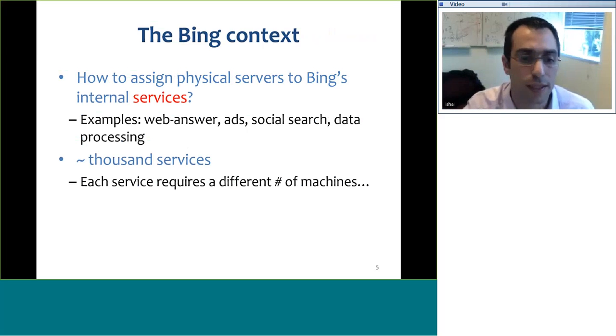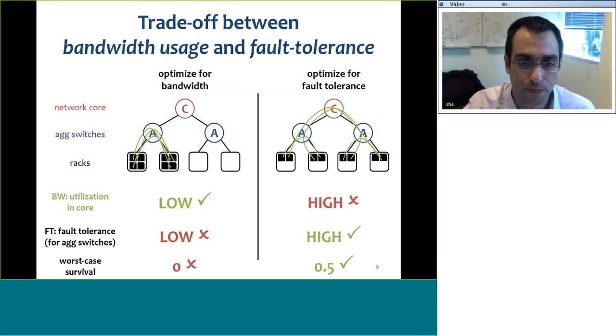These are all services, and there are thousands of services in a big application such as Bing. Each service, as I mentioned, requires a different number of machines, and here's a cartoon that hopefully will make things a bit clearer.